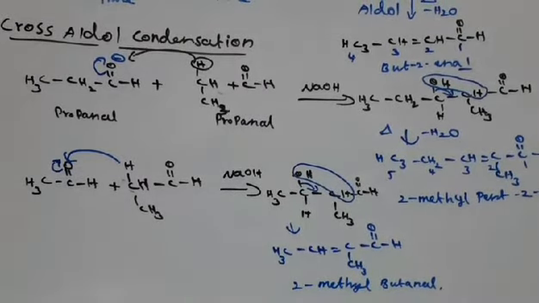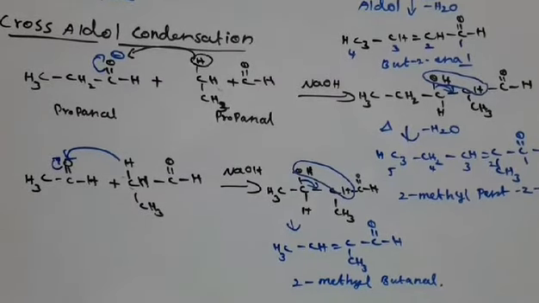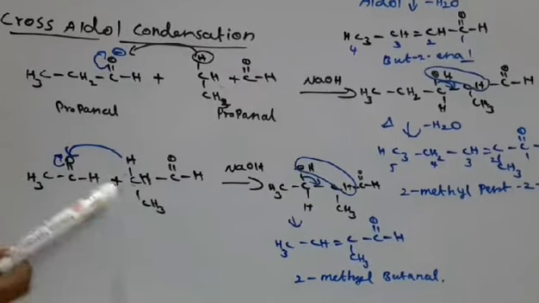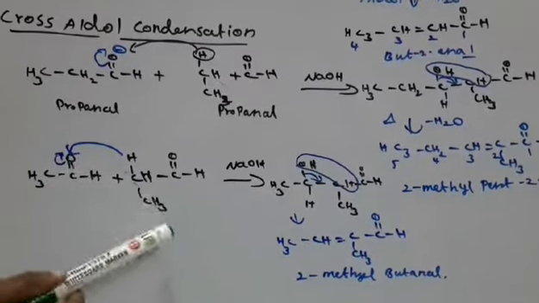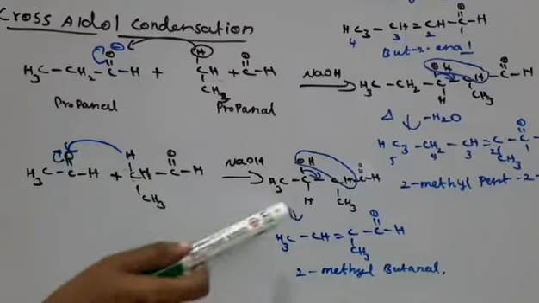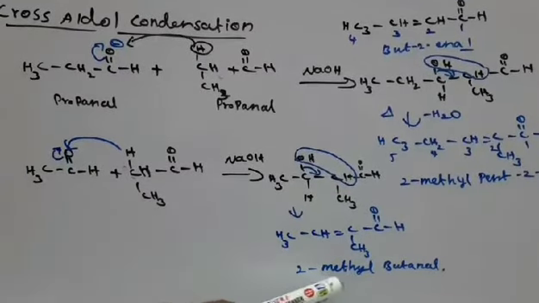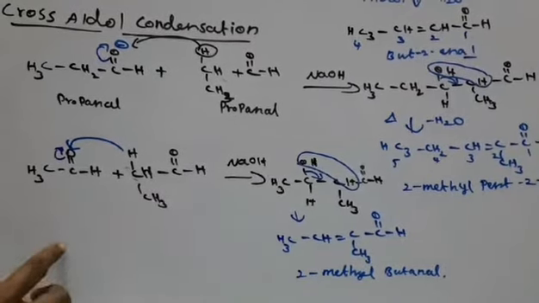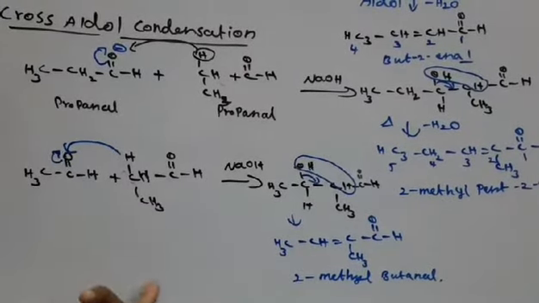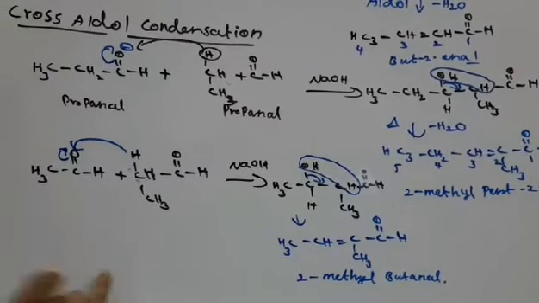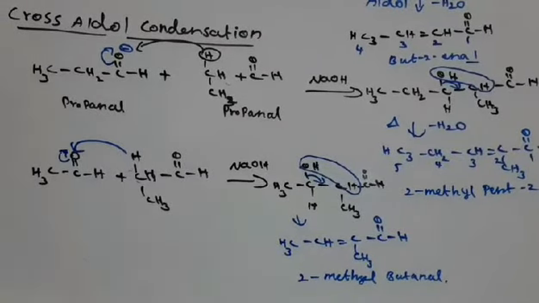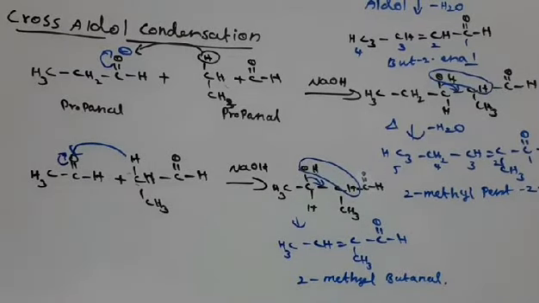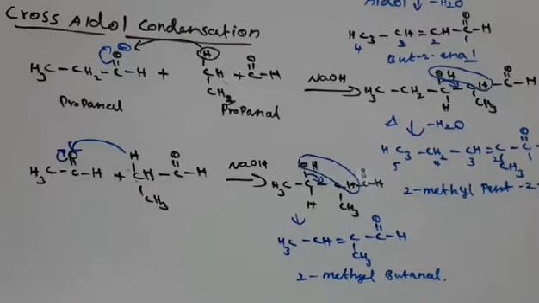This is called cross aldol condensation because here acetaldehyde is one aldehyde and propanaldehyde is the other. So when acetaldehyde and propanaldehyde undergo cross aldol condensation, we may get 2 methyl butenal. The same alternatives: acetaldehyde with propanaldehyde, propanaldehyde with propanaldehyde, and acetaldehyde with acetaldehyde. So these many possibilities are there, and that is called cross aldol condensation.